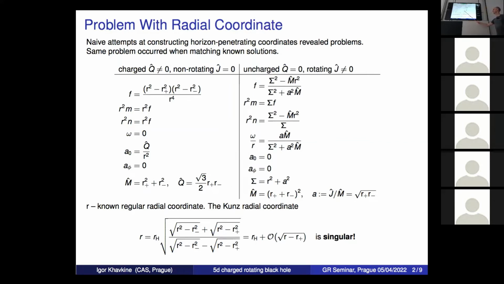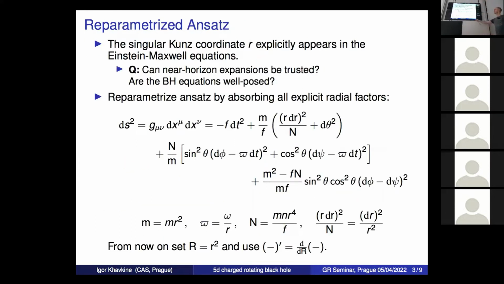So what happens if we absorb these factors of script r into the parametrizing functions in the ansatz? This is what we did. It's the same ansatz as before, but with different parametrizing functions, which differ by factors of script r.